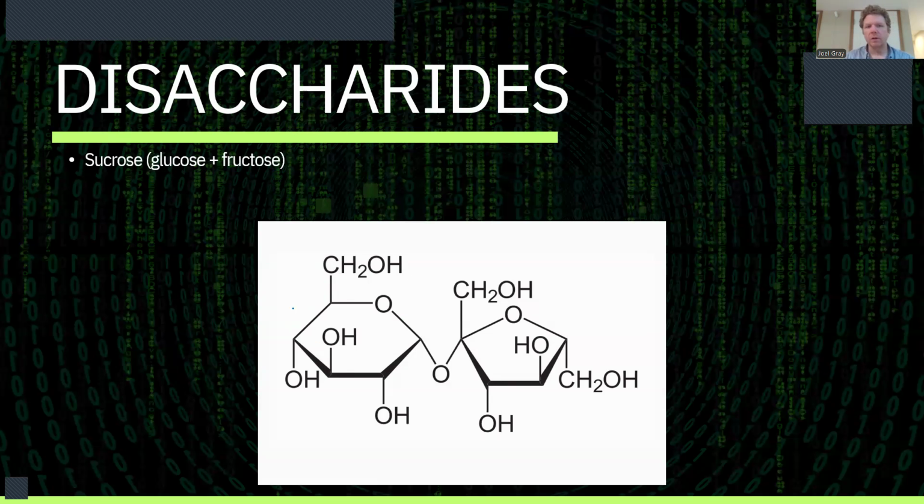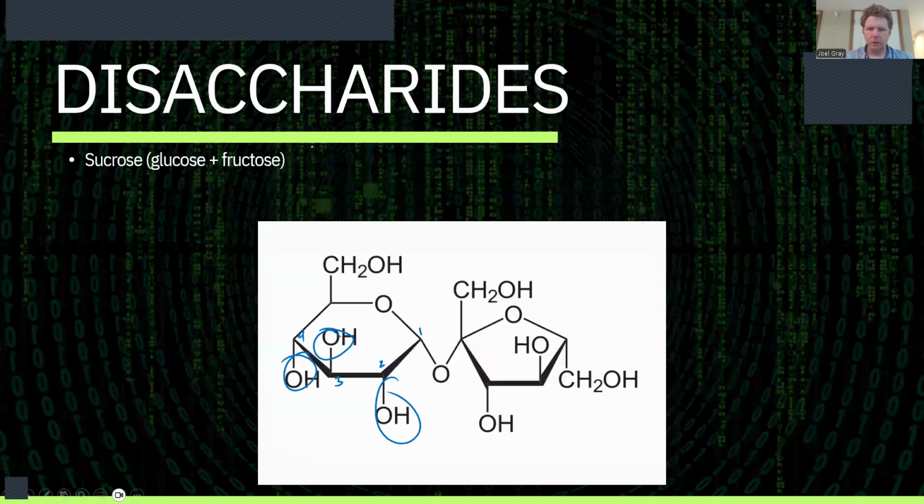On the left-hand side, we've got glucose. We know that because at carbon number 1, 2, we've got an OH going down, 3, it's going up, 4, it's going down. Okay, so there's glucose. Now, for the bond between our two different subunits, what type of linkage is it?